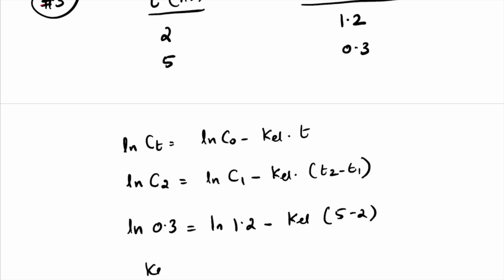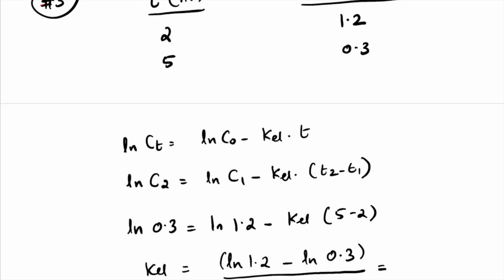And if you solve for KEL, it's going to be natural log of 1.2 minus natural log of 0.3, the whole thing divided by 5 minus 2, which is 3. So natural log of 1.2 minus natural log of 0.3 divided by 3 is 0.462. Again, what's the unit? Per hour.